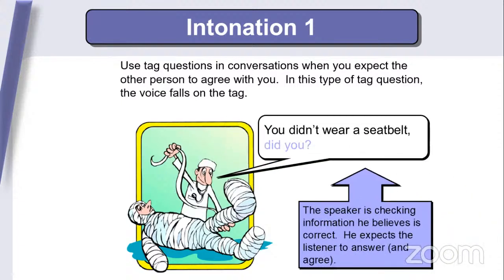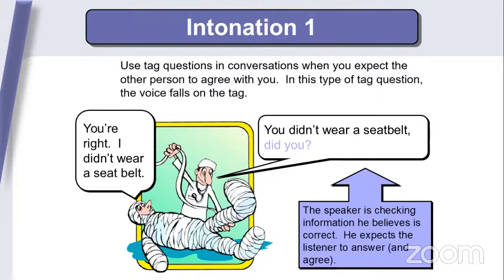We have here, you didn't wear a seatbelt, did you? Right? The speaker is checking information he believes is correct. He expects the listener to answer and agree. You're right, I didn't wear a seatbelt.